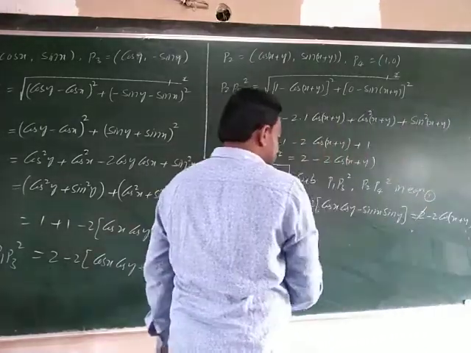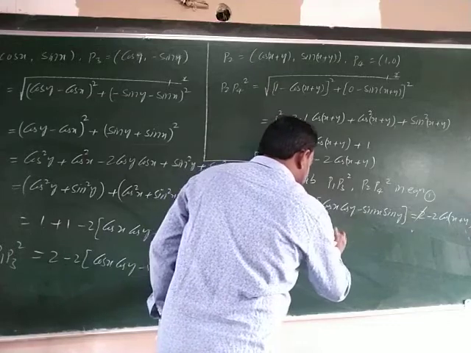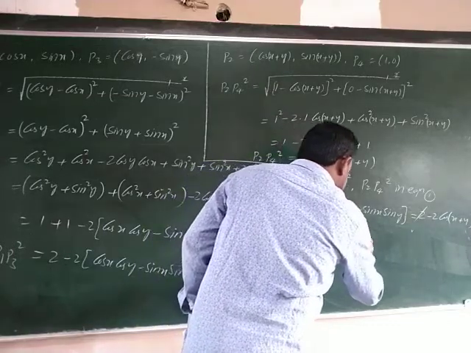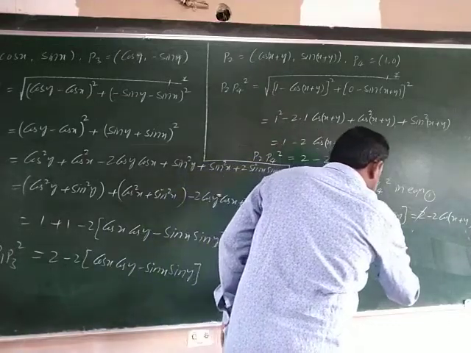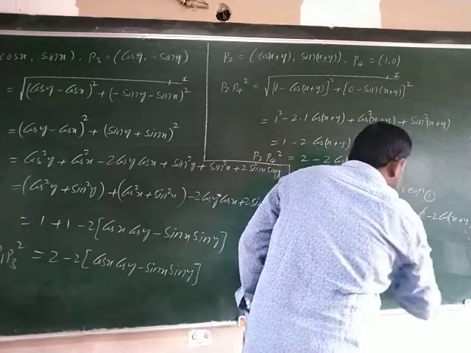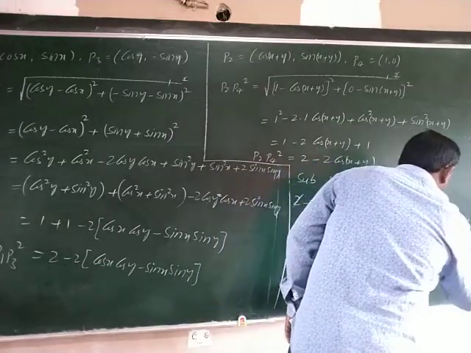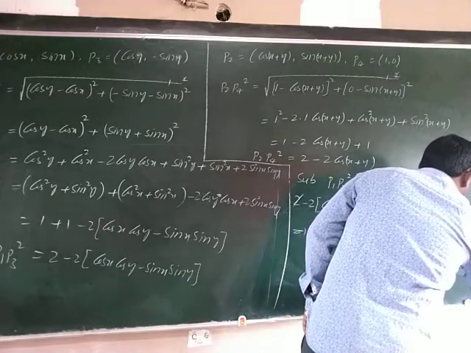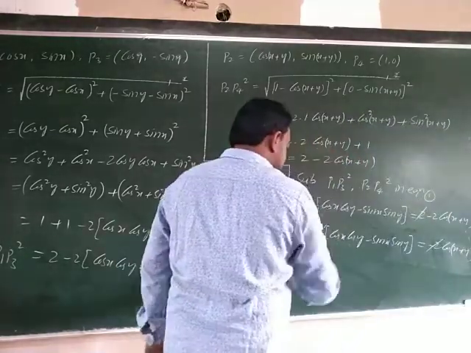2 gets cancelled. Next, minus 2 into cos x cos y minus sin x sin y is equal to minus 2 into cos of x plus y. Minus 2 gets cancelled.